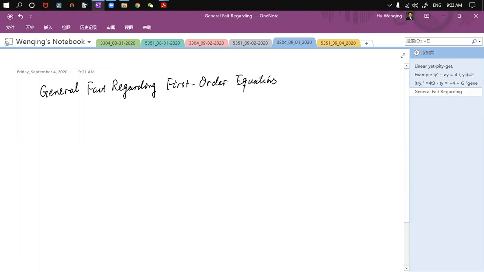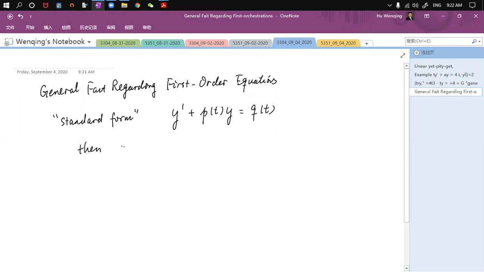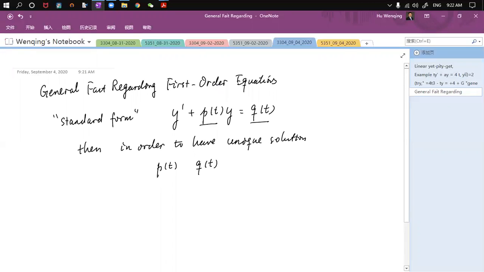The general fact regarding first order equations is that if you have turned the equation into standard form, that means y prime plus p(t) y is equal to q(t), then in order to have a unique solution, we just want p(t) and q(t), that means both coefficients when the equation is in standard form, to be continuous.